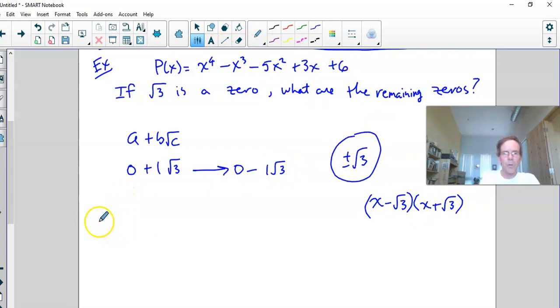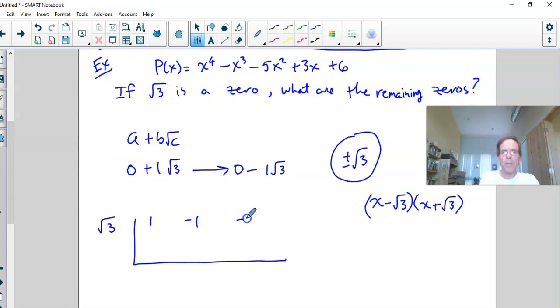And we're going to use our old friend synthetic division here. And let's work on square root of 3. So what are our coefficients? I see that we don't need any placeholders. We have 4, 3, 2, 1 for the powers here. We're not missing anything. And notice I'm going to leave a little space here. You'll see why in a minute.